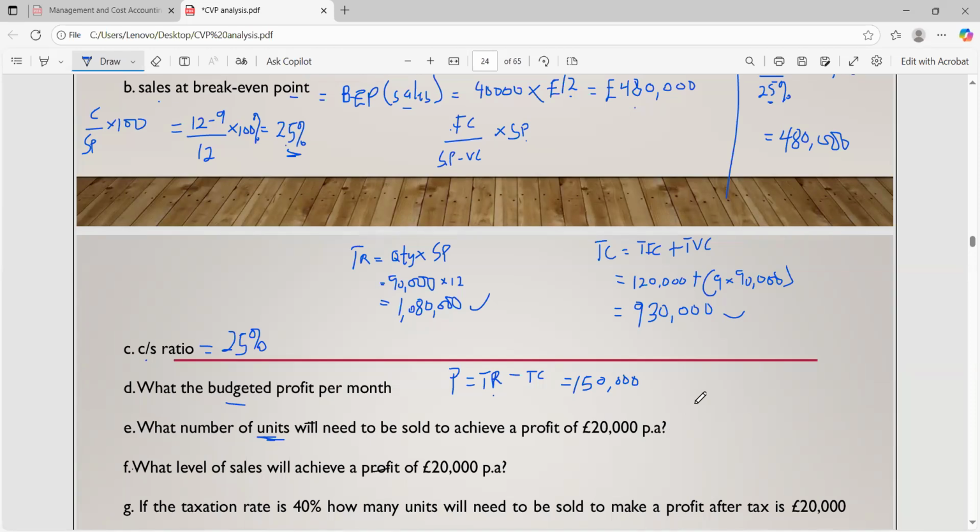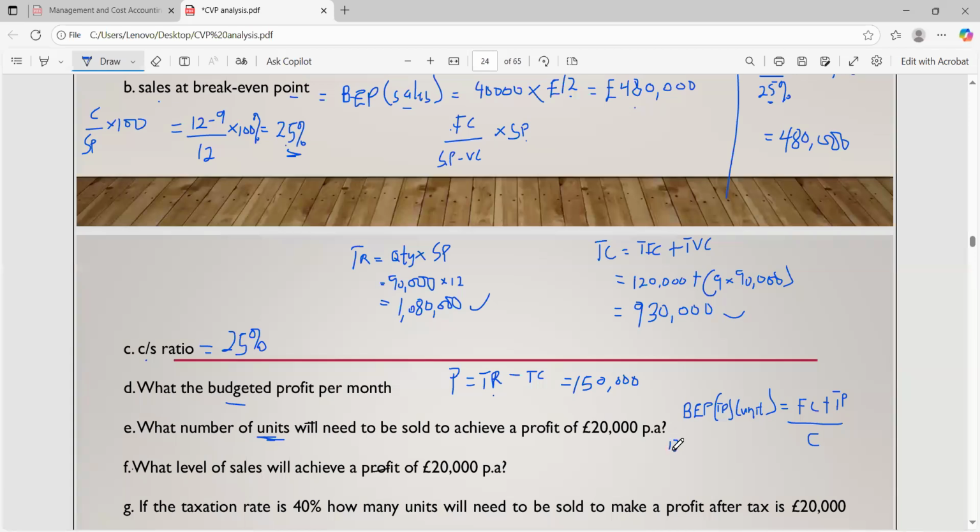Don't forget that for the break-even point when targeted profit is given, in terms of units, it is going to be the fixed cost plus the targeted profit all over contribution. And our fixed cost was 120,000.